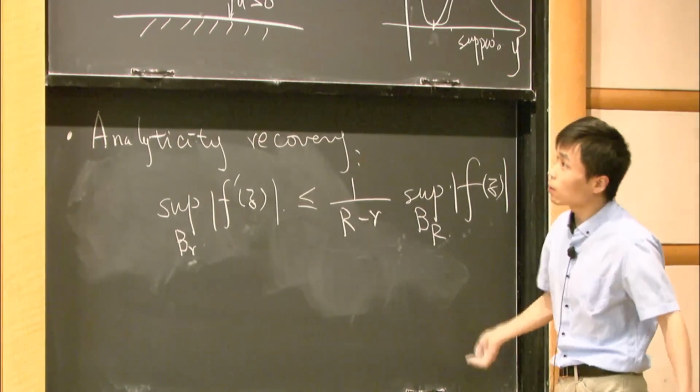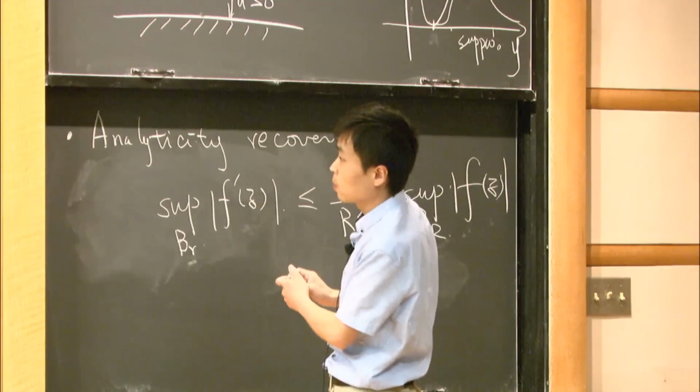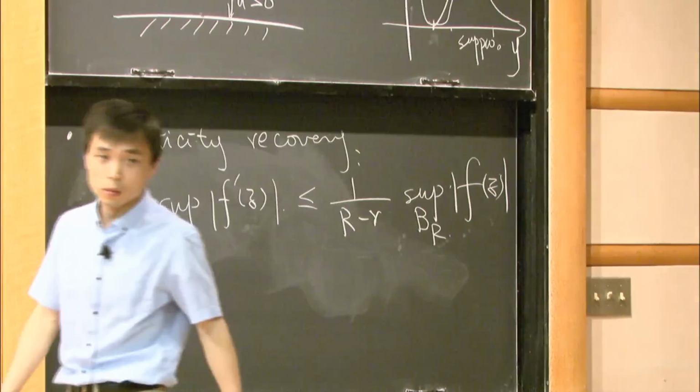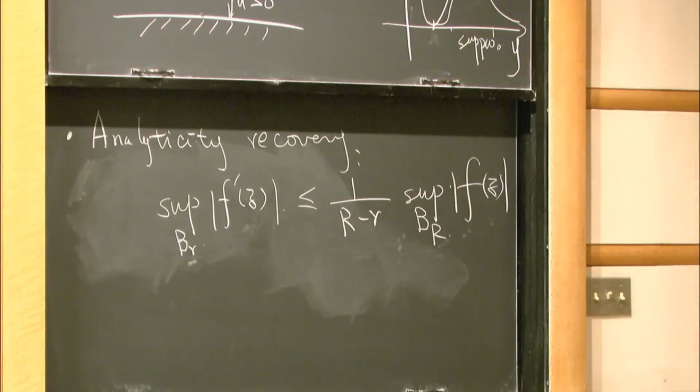So this is where you have to use analyticity very heavily. I guess you can't get by with Gevrey or anything like that, is that right? Yeah, I think there's no result like the Caflisch one with Gevrey. No such thing.